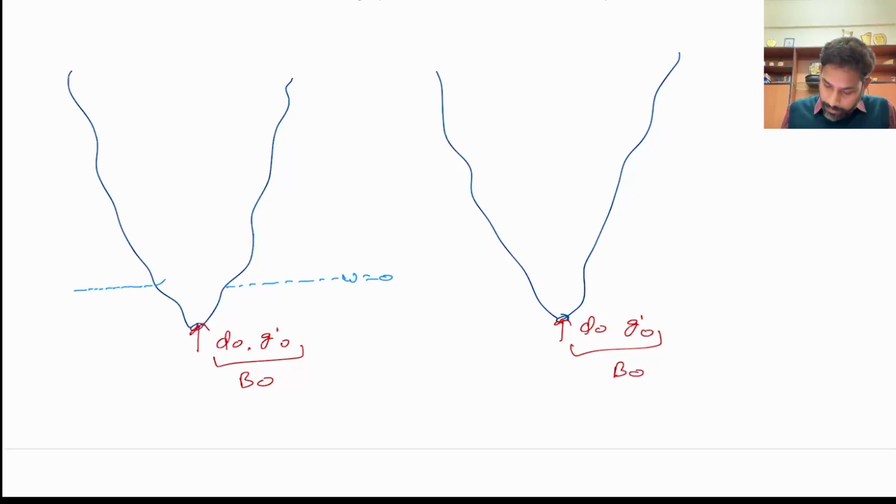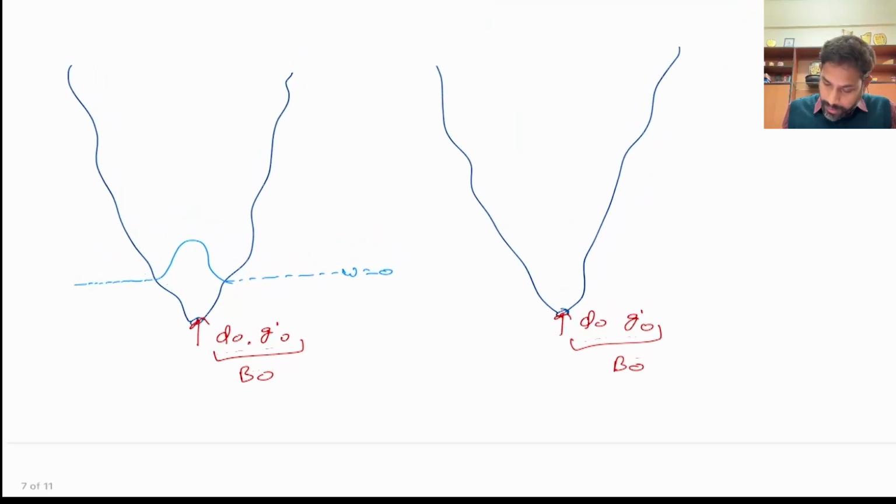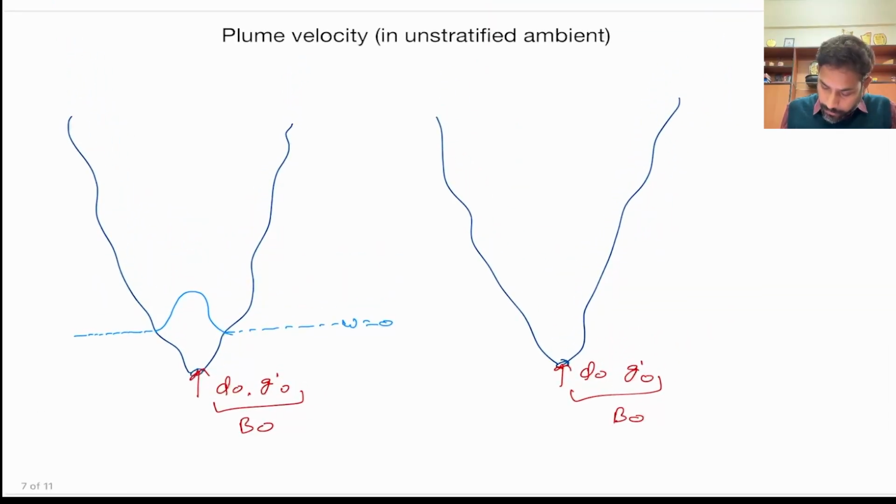But inside the plume, this is the velocity. This is a Gaussian profile. Here again, if you go further up, we assume that there is this velocity profile.